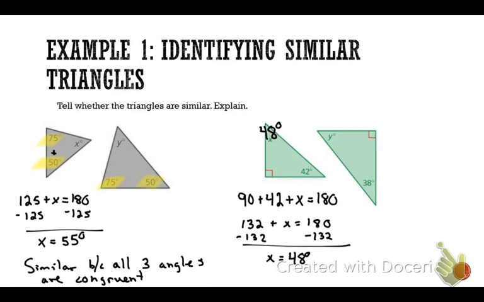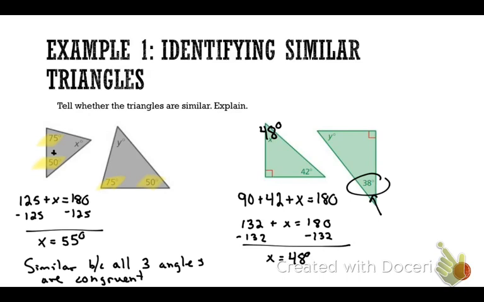So on the other triangle, I have 90, but do I have a matching 38? No. So this 38-degree angle has no match. Do you see that? There's no angle on this triangle that matches 38, because I just solved for all three of them. So because of that, they're not similar.